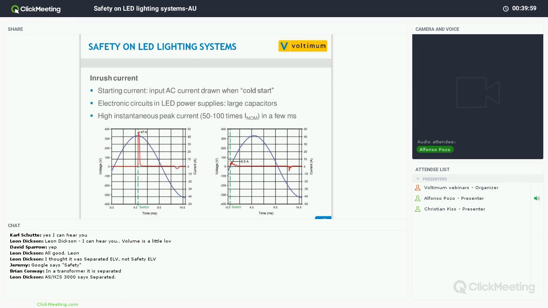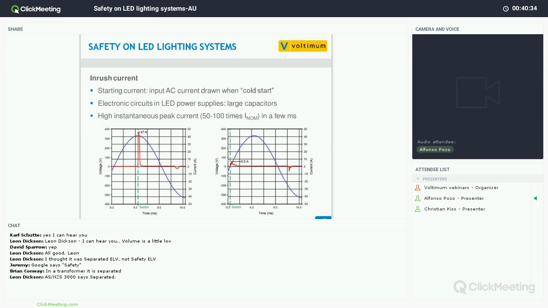There's a big difference between 47 amps starting the power supply and 6.5 amps when power is applied at the 0 volts crossing. You can also see that there is a damping effect on the following cycles of the current, which is the red line, but it very quickly stabilizes to the normal run current of this 60-watt driver, which is 0.5 amps.